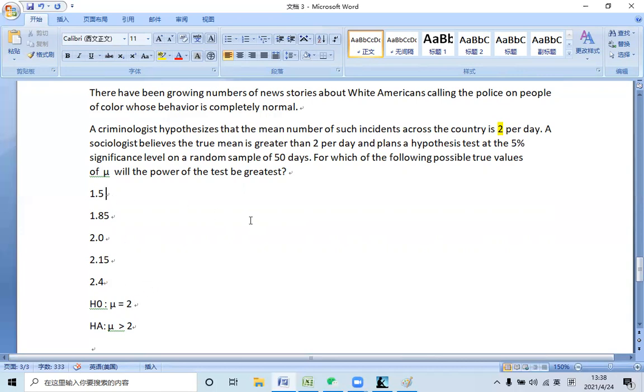So we just got 1.5 minus 2, what's the difference? Negative 0.5. Let's do this here. So the first choice is 1.5.